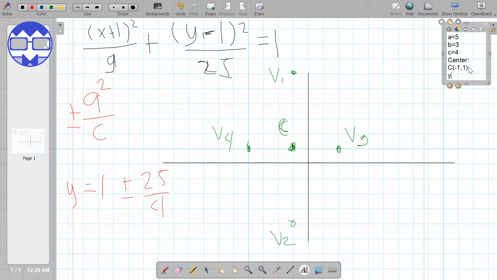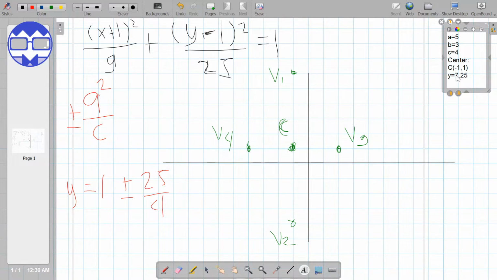So we have y equals 1 plus 25 over 4, which is 7.25. Just simply use the calculator.